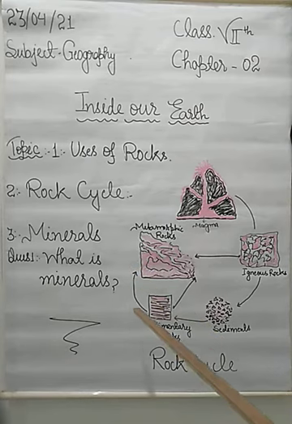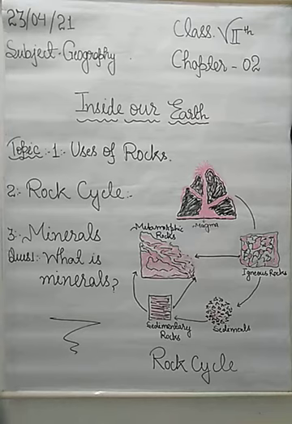Minerals are naturally occurring substances which have different physical properties and different chemical compositions. And students, minerals are also very important and very useful for humankind. How are minerals important and useful?